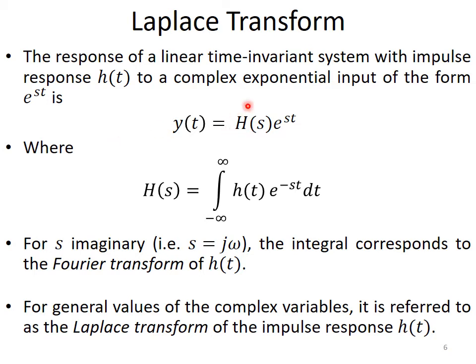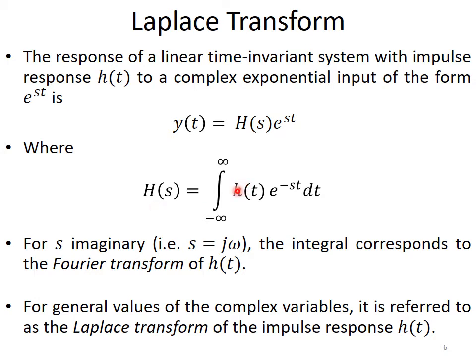So H of s here is basically the Laplace transform of h of t, right, and it is given by this equation. H of s equal to integral of h of t e power minus st from minus infinity to infinity, right. So this is the definition of the Laplace transform of any time domain function.